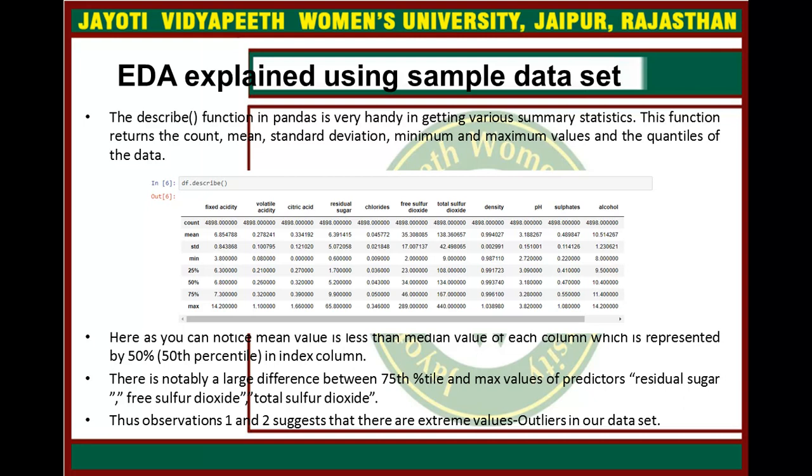There is a notably large difference between the 75th percentile and the maximum value of predictors like residual sugar, free sulfur dioxide, and total sulfur dioxide. Actually, these are all the observations. Thus, observations 1 and 2 suggest that there are extreme values, outliers, in the data set.